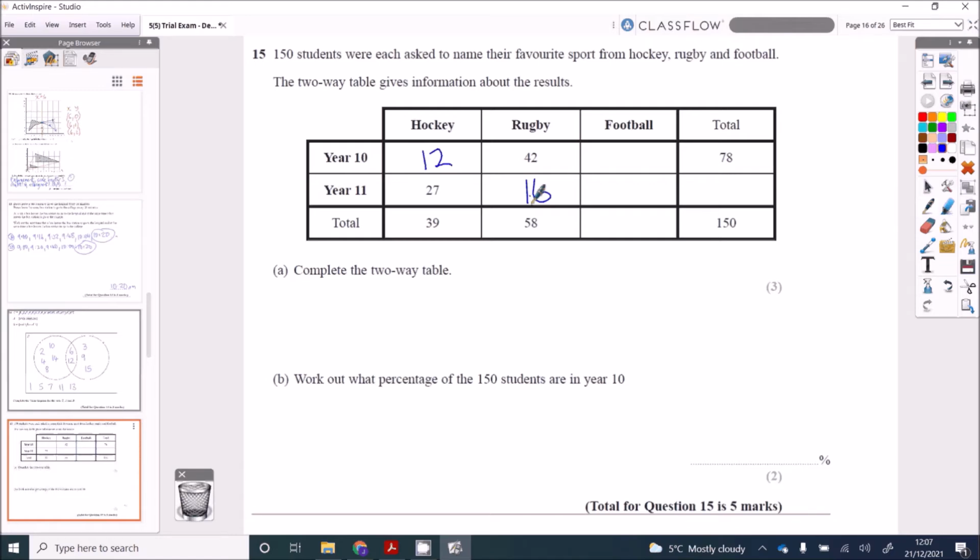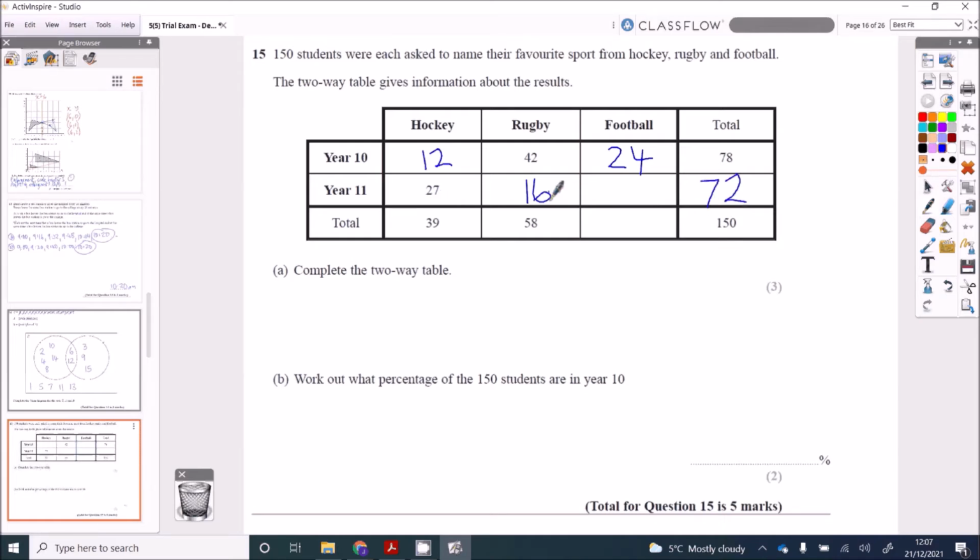Now, I can work out the football year 10s because it's 12 add 42 add something equals 78. So to work out the year 10 footballs, I'm going to do 78 take away 42 take away 12, which is 24. Now I can do the total year 11s, this one over here, by 150 take away 78, which is 72.